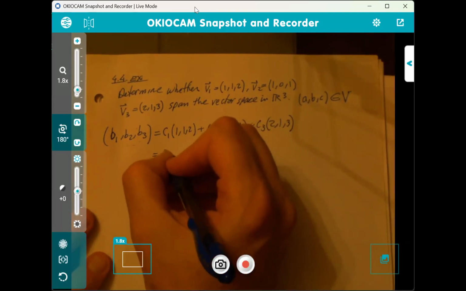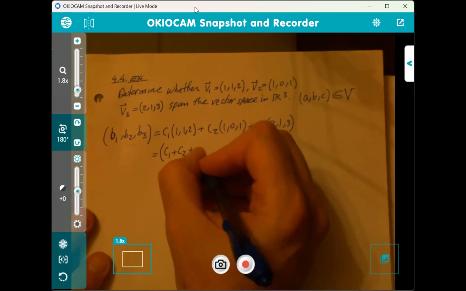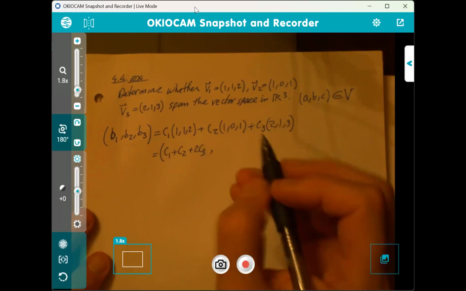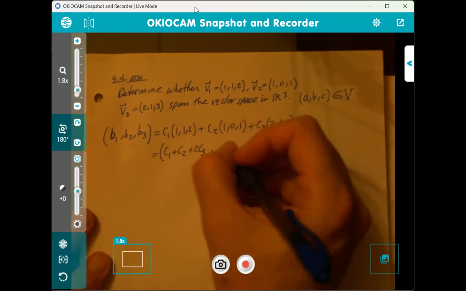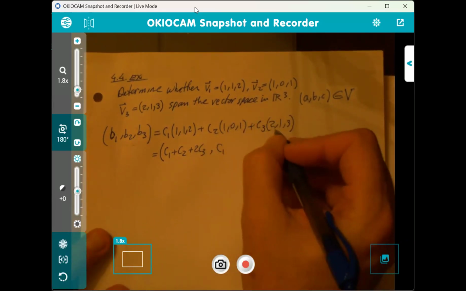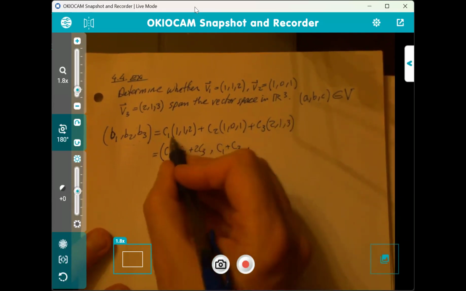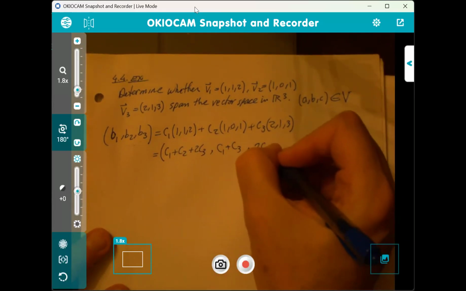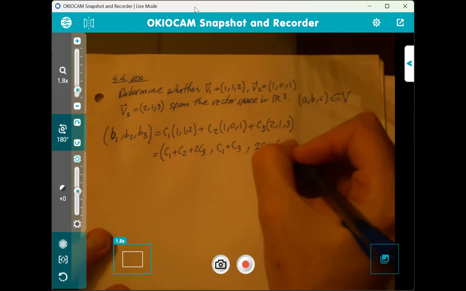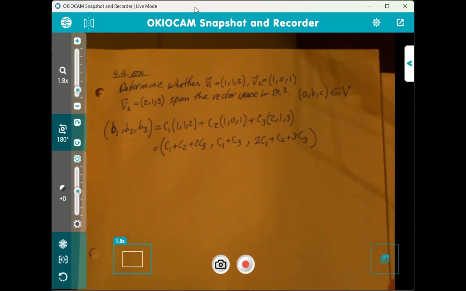It's going to be C1 plus C2 plus 2C3. The middle one is going to be C1, 0 times C2 is 0, 1 times C3 is C3. And the last component is 2C1 plus C2 plus 3C3. So that's that linear combination.